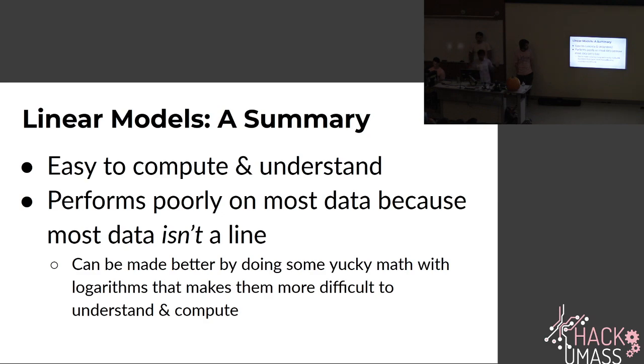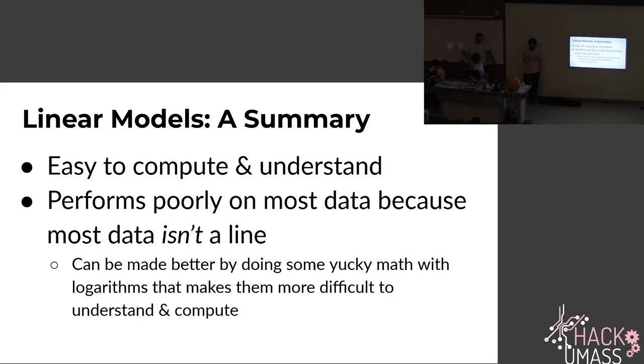So that's all we've got for linear models, and that's the most basic kind of model, but it's really powerful, especially when you apply these nonlinear transformations. And like I said, support vector machines were state of the art for a very long time until neural networks and other methods overtook them.